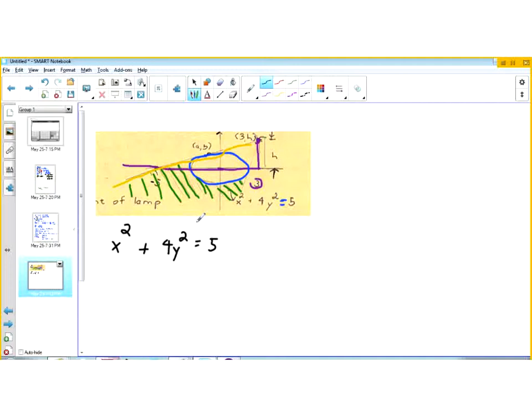Okay? Now, if we were to use implicit differentiation, we would have 2x plus 8y y prime is equal to 0.